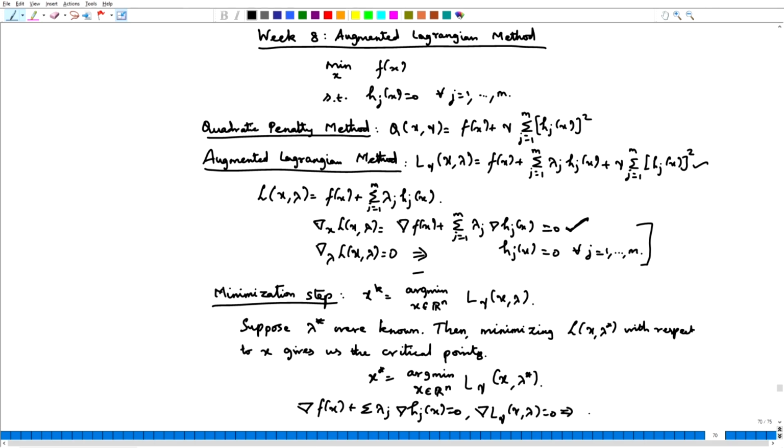So, this gives us del f of x plus summation over j from 1 to m of (lambda j plus 2 gamma h j of x) into del h j of x equal to 0. So, for each del h j of x, you can see what you are getting to replace the lambda j that you have here. So, this is going to be our update step.